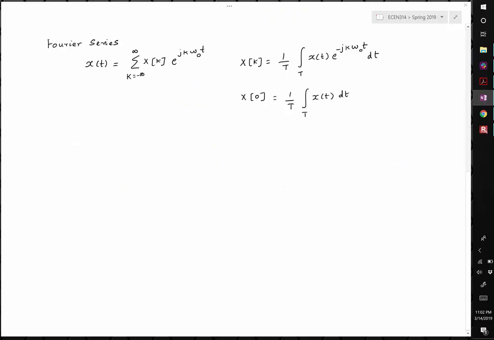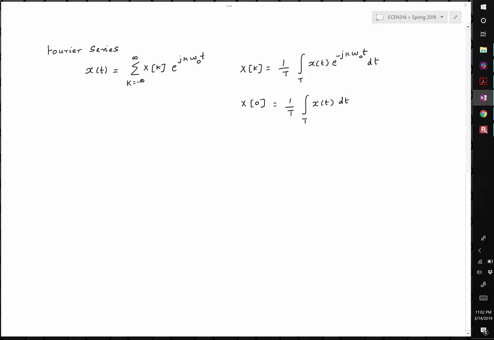So let me quickly recall, we've been talking about the continuous time Fourier series, which says if I have a continuous time signal x of t that's periodic with a fundamental time period of capital T, then x of t can be written as summation x of k times e to the j k omega naught t, where omega naught is 2 pi over capital T. And we can find the Fourier series coefficients x of k using the formula x of k is 1 over T times integral over one time period of x of t times e to the negative j k omega naught t dt.